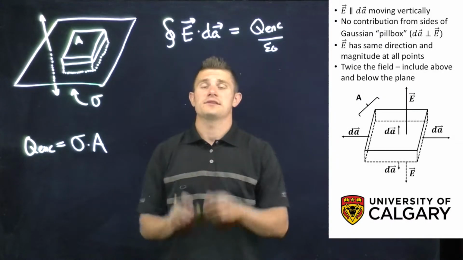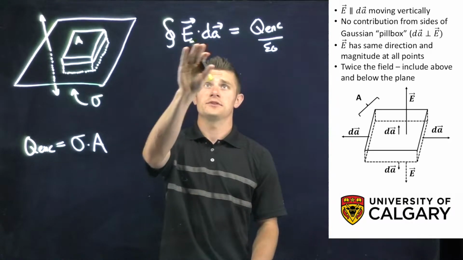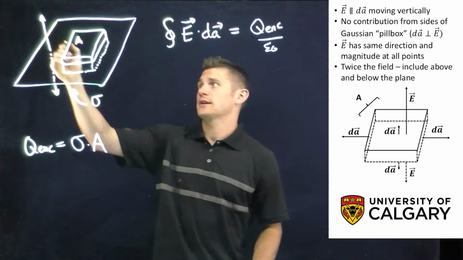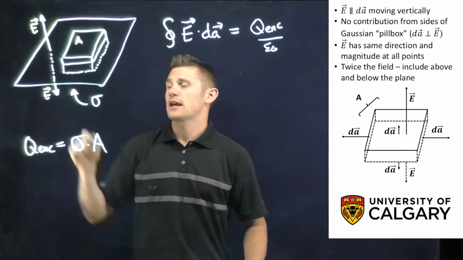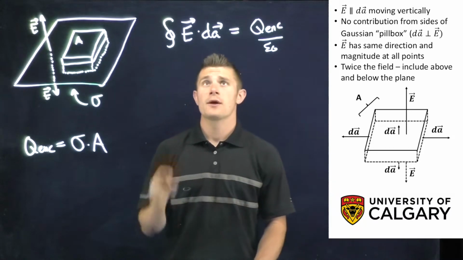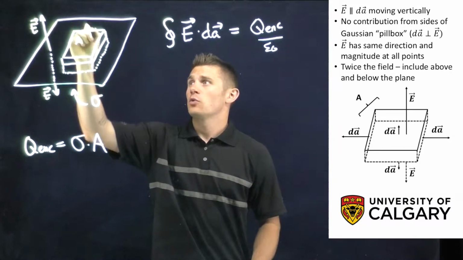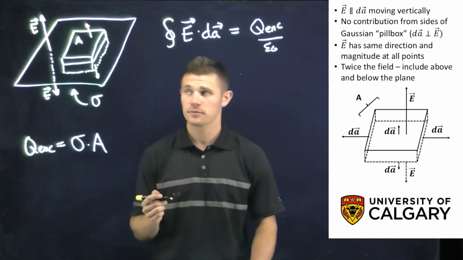Now let's work with the left-hand side of this equation. So once again, we're going to exploit the fact that the electric field and the infinitesimal area vector are moving in the same direction. So we initially said that the electric field is straight up and straight down away from the infinite plane of charge, and the infinitesimal area vector on our Gaussian surface will also be straight up and straight down away from the plane of charge.